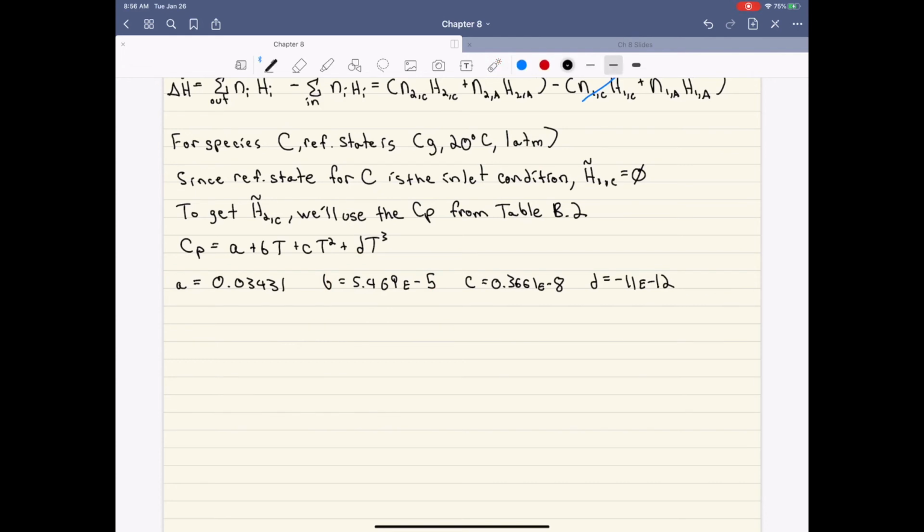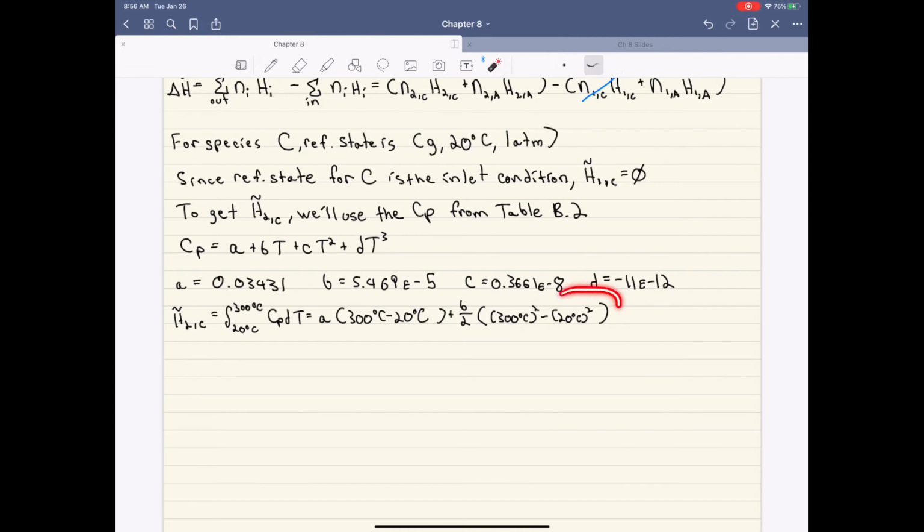All right? Okay, so to get H2C, what we need to do is integrate our CP equation from 20 to 300 degrees C. So if we plug in the CP equation and integrate it, what we're going to get is A times 300 degrees C minus 20 degrees C. We're going to get B divided by 2, and then the way the integral works, it's 300 degrees C squared minus 20 degrees C squared.